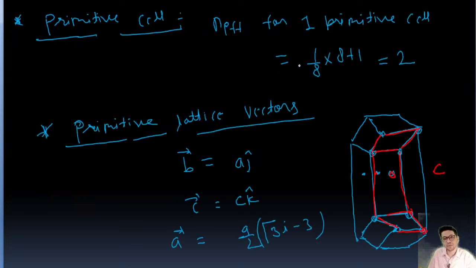This is the primitive cell for the hexagonal close pack structure, and these are its primitive lattice vectors.